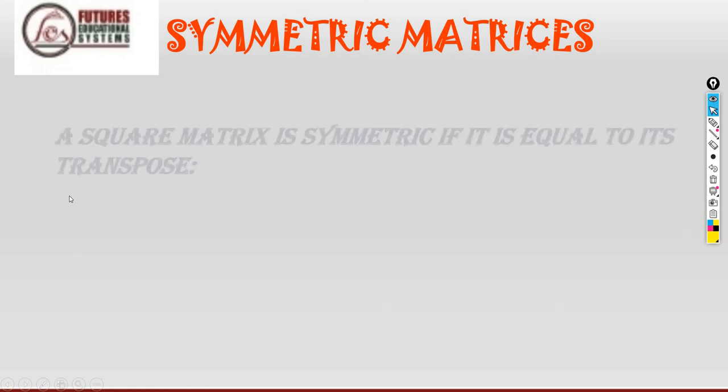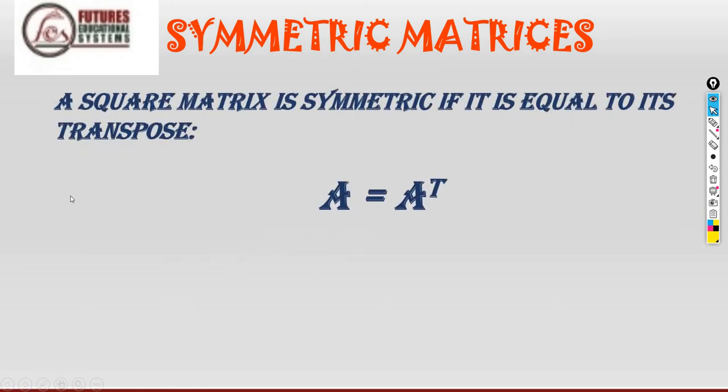Symmetric matrix. When do we say that the matrix is symmetric? If A equals A transpose. If any matrix equals the transpose of the same matrix, it's a symmetric matrix.